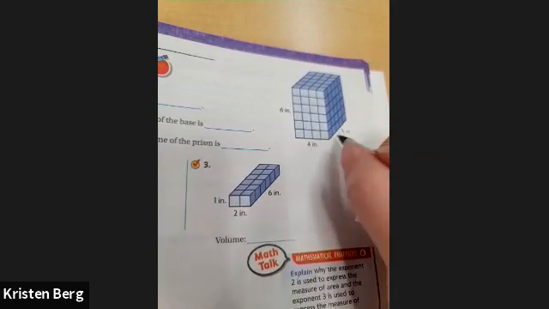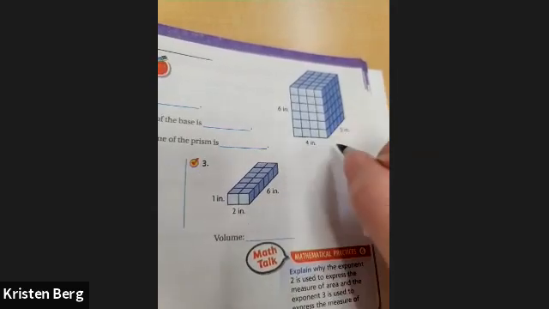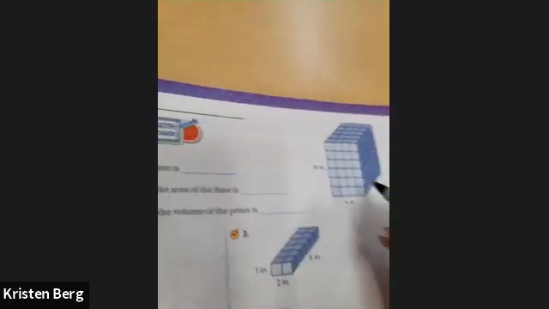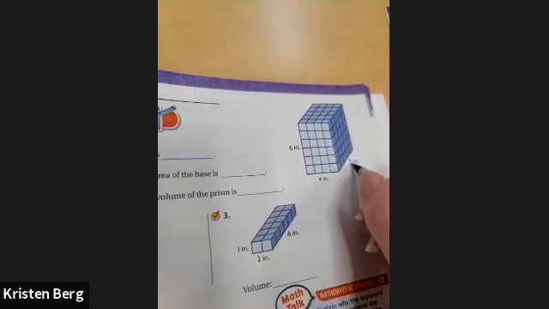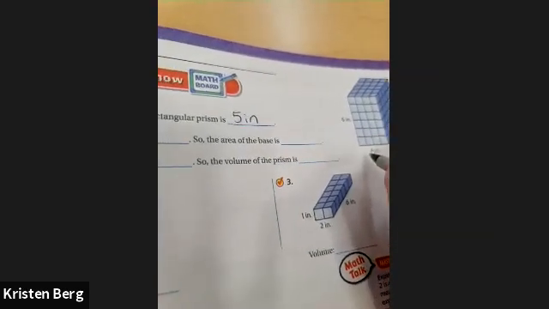These are interchangeable if it is a square or a rectangle at the bottom. I'm going to say that the length is 5 inches because I want you to know that it is interchangeable. You do not have to go in that exact order. And then the other one is 4 inches.